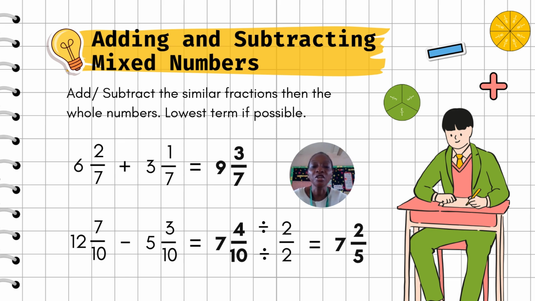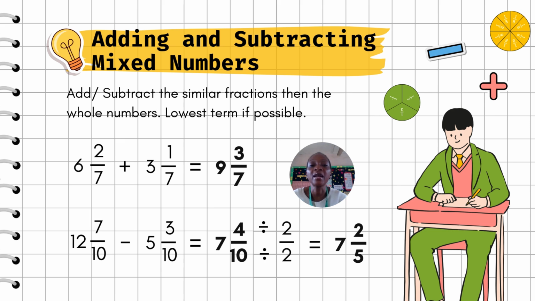Now let's go into subtraction of mixed numbers. You can have 12 whole number 7 over 10 minus 5 whole number 3 over 10. First of all, I'll bring out my whole numbers and subtract. 12 minus 5 will give me 7. Then I'll go to my fractions. 7 minus 3 will give me 4, giving me 4 over 10.